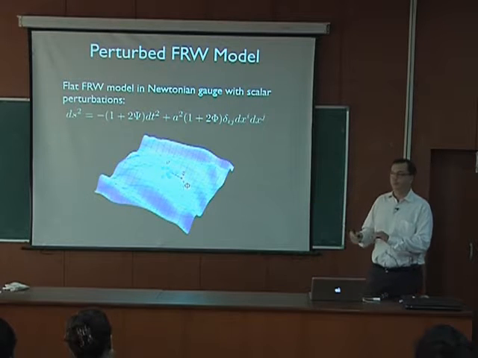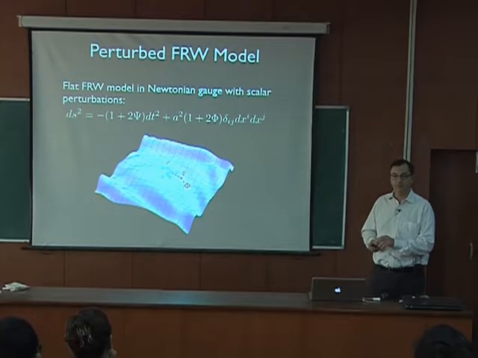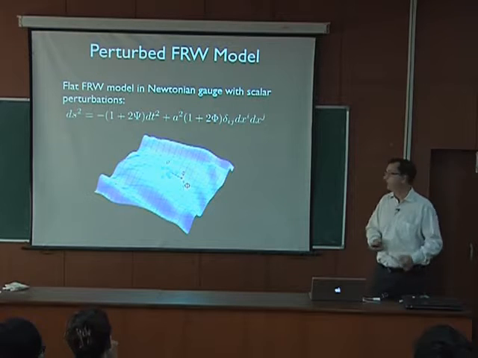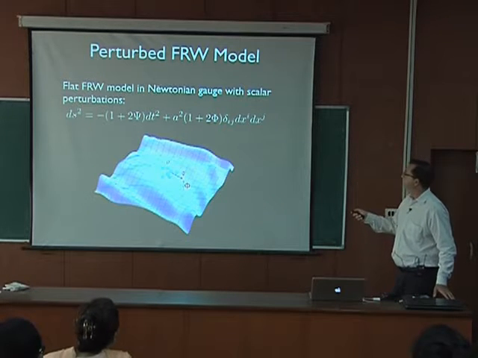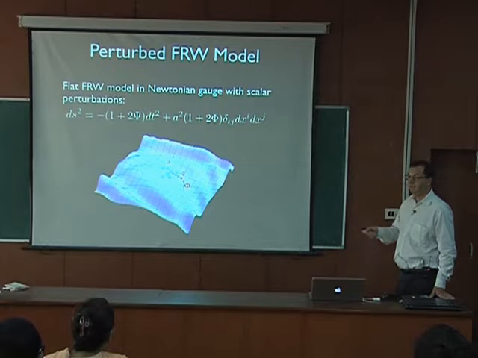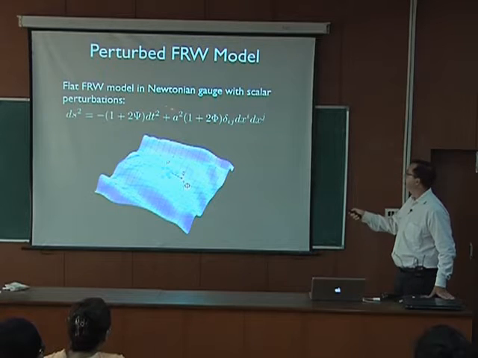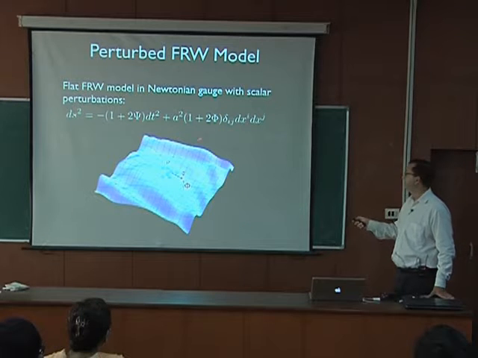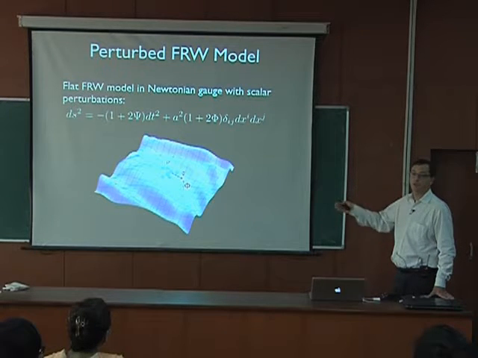But for us, they have no important effect. The most important effect for structure formation, lensing, and other large-scale structure probes are the scalar perturbations. And there you can show that without loss of generality, you can choose a gauge. And in this gauge, that's the most general scalar perturbation. So this is the most general metric, at least in that choice of gauge.